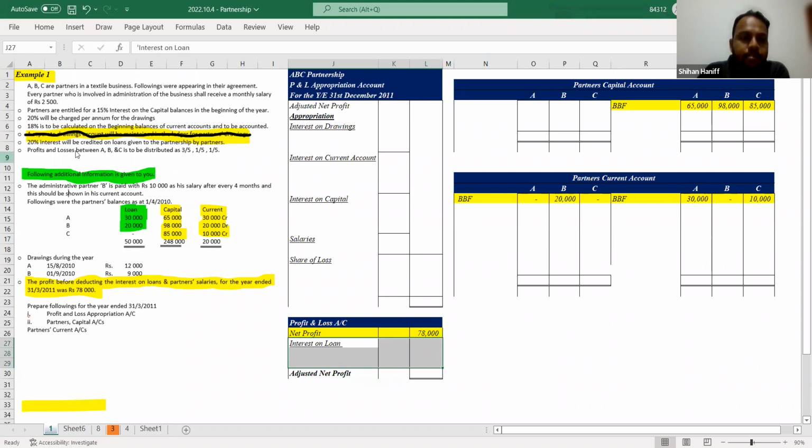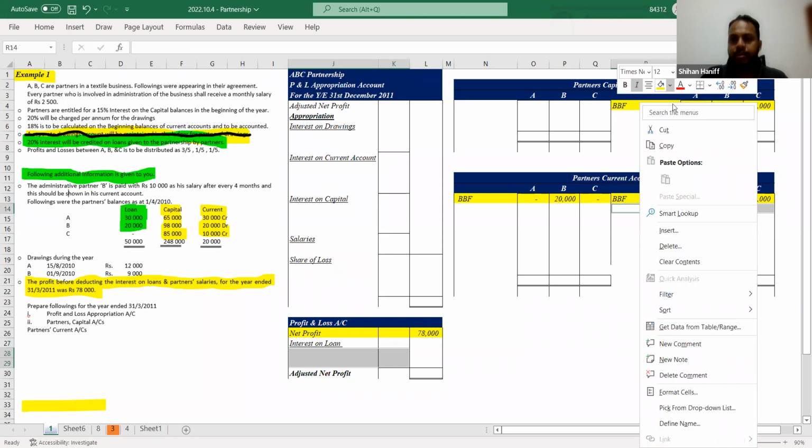Then what is the interest rate? It's 20% interest credited on loan given to the partnership by partners. Interest on loan, double entry: profit and loss account debit, and current account credit.